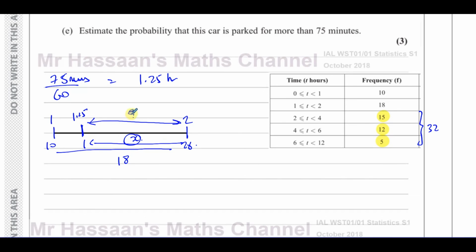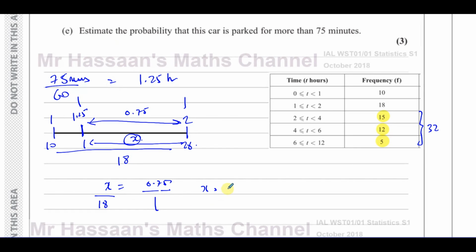We know what that length is. That is basically 2 minus 1.25, which is 0.75 from here to there. So we want to see what fraction of the group of 18 we have. So x over 18 is going to be equal to 0.75 over the total width of the group, which is 1.